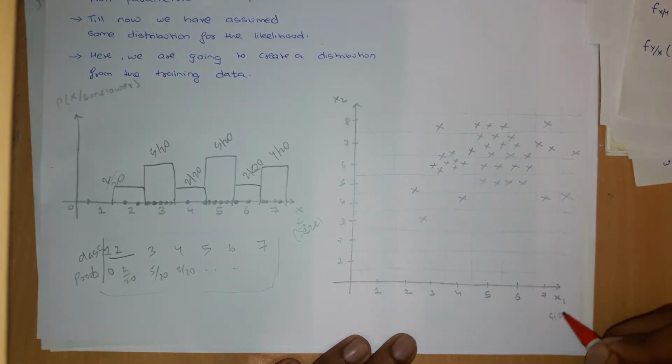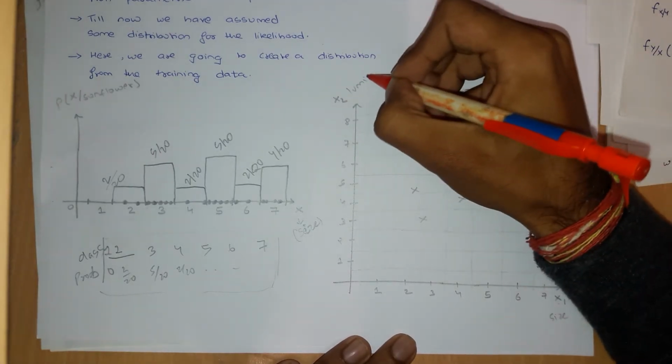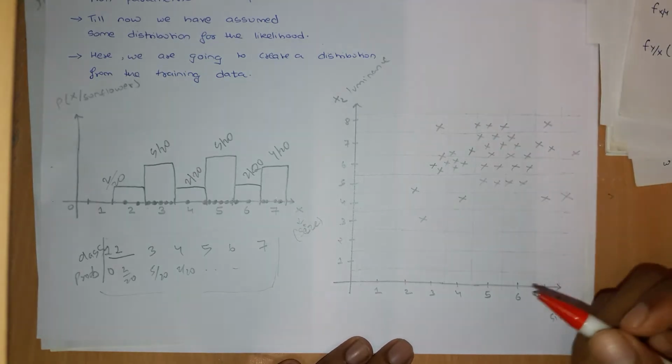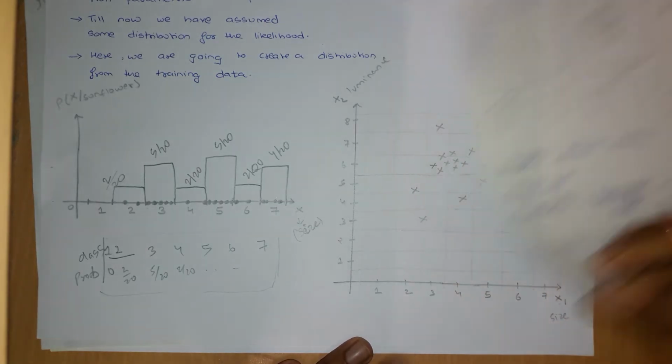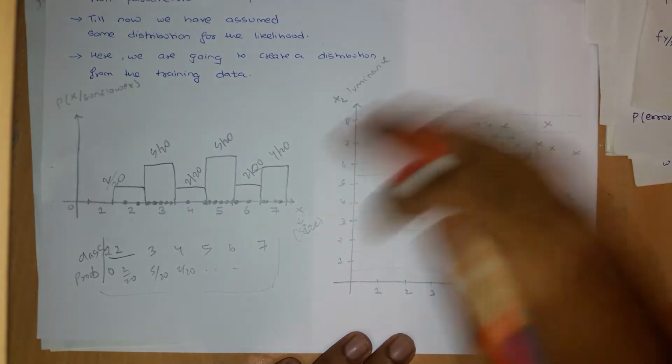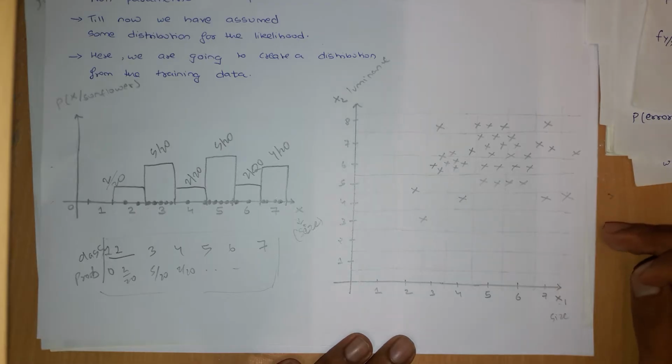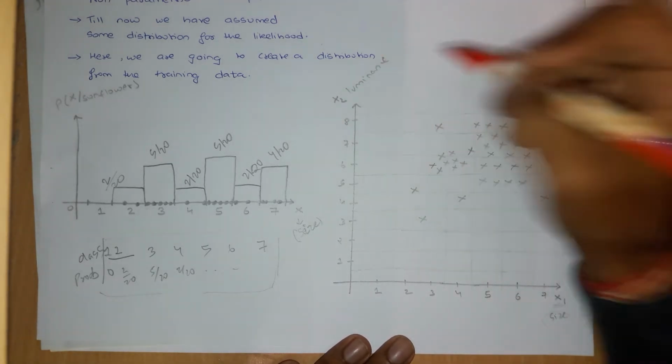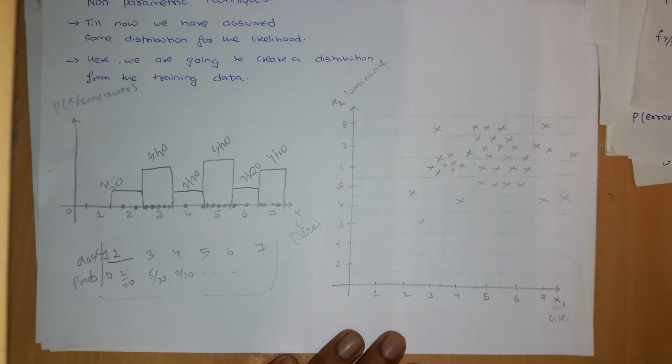X1 is size and x2 is luminance. So if suppose I had some training data, I got somewhat of this kind of plot. Please remember, this axis is x1, that is the size, and this axis is luminance. So I have got this plot.